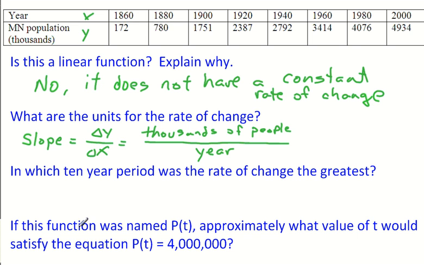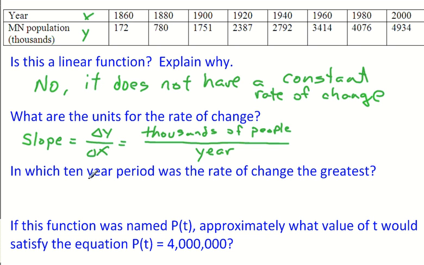Next question asks, which 10-year period was the rate of change the greatest? You'll recall we mentioned that right here it looks like we went up nearly 1,000 people in those 20 years. And as I look across here, I never go up anywhere near 1,000. The only one that's close is here, and it's around 850 or so.